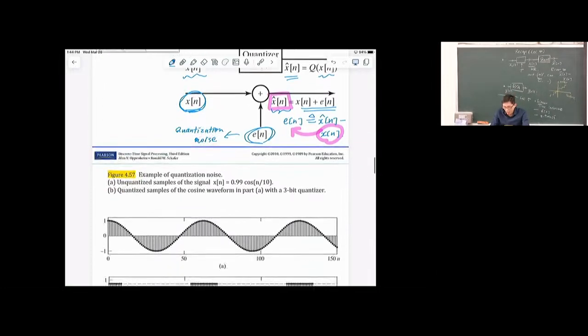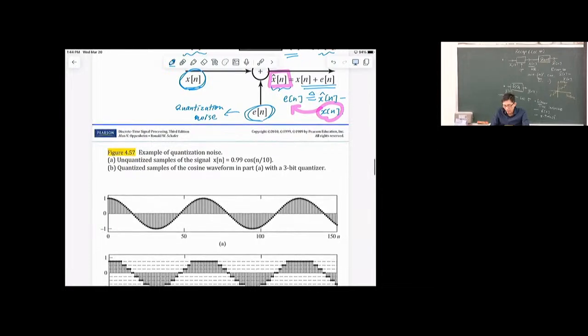But then we can ask a few questions. Is it really good to call the error a noise term? When I say noise, what comes to your mind? What is noise?